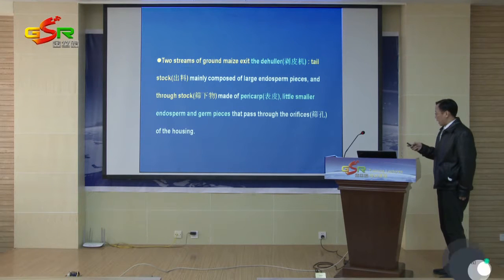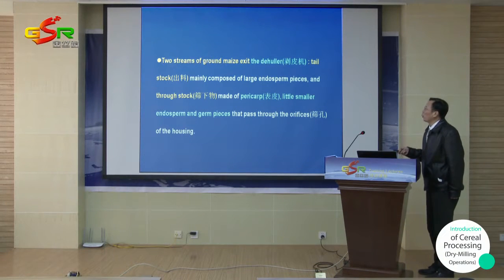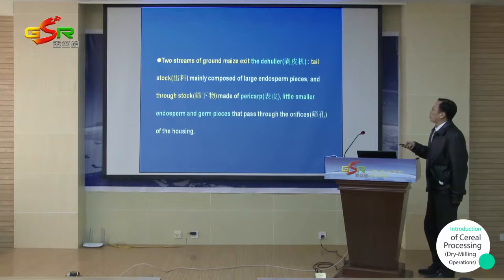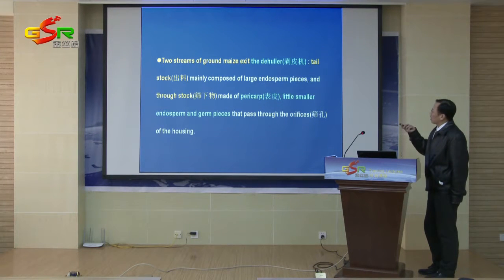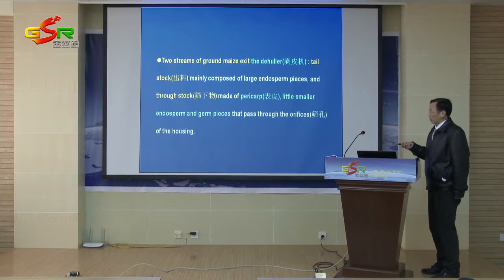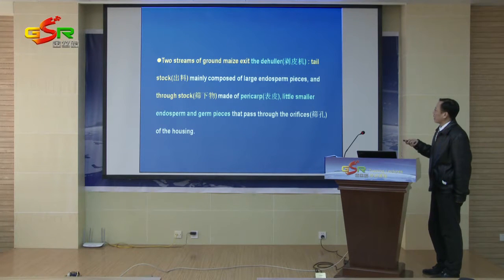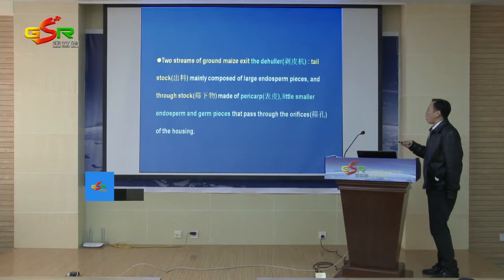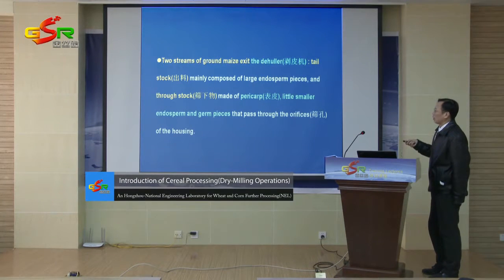And generally, two streams exit the dehuller. The tail stock is mainly composed of large endosperm pieces, and the through stock is made of pericarp, a little smaller endosperm, and the germ pieces that pass through the orifice of the housing.